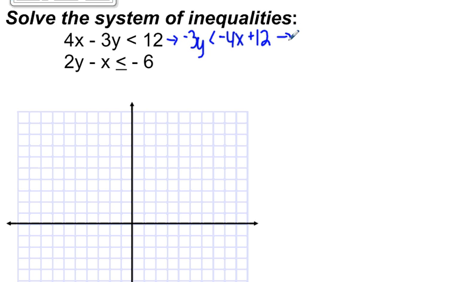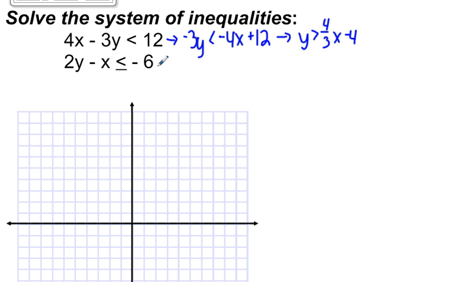And the next thing that I'll do is divide both sides by negative 3. And as you may remember from back in chapter 2, anytime you divide an inequality by a negative value, so in this case negative 3, you need to flip that inequality sign. So now we have y is greater than 4/3 x minus 4.